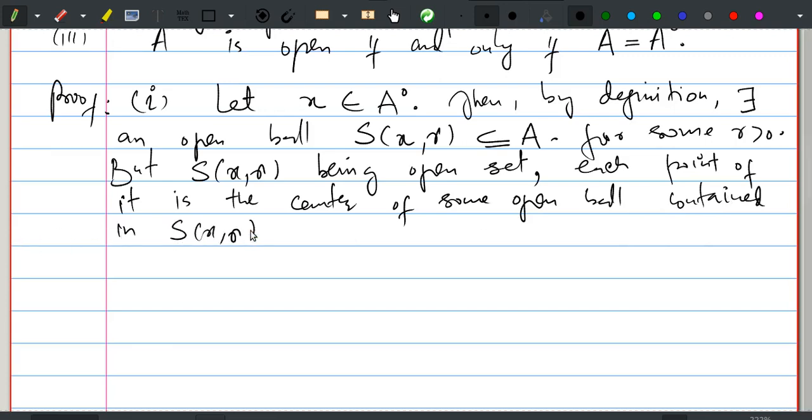So this is the definition of an open set. So each point of it is the center of some open ball contained in S(x, r), and consequently also contained in A.